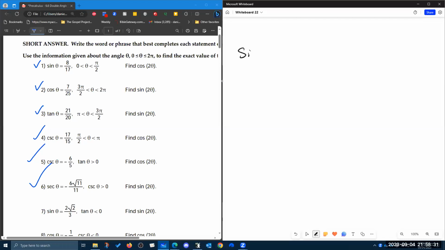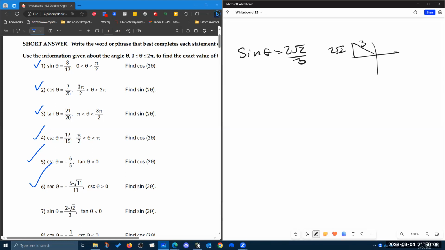Now we have sine theta equal to 2 root 2 over 3, which is the same as root 8 over 3 if I need that. I don't think I do. And tangent is negative and sine is positive. Tangent's negative, sine's positive. So here we go. 2 root 2 over 3.